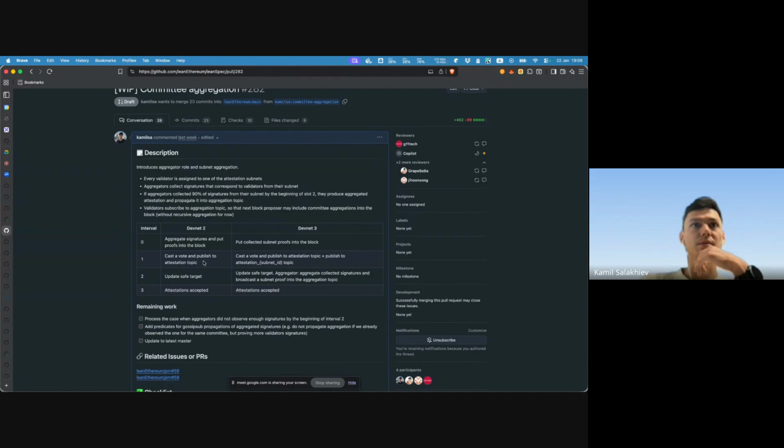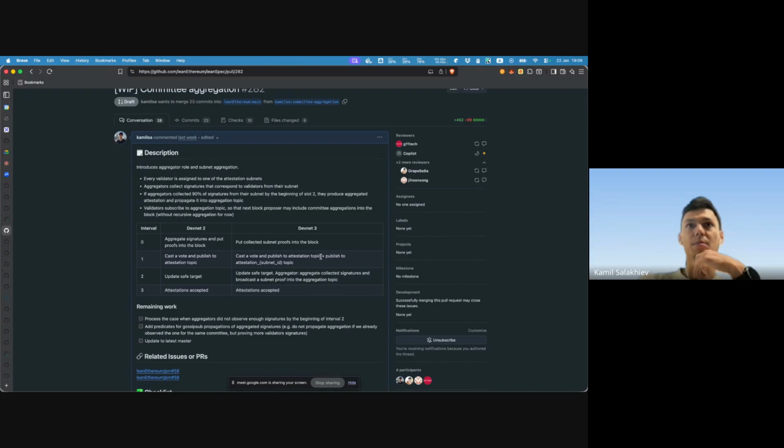This is the first significant change. Before, we had just a single attestation topic, and now, in addition, and this is something we can discuss, whether we want to keep the old topic or just introduce subnets.